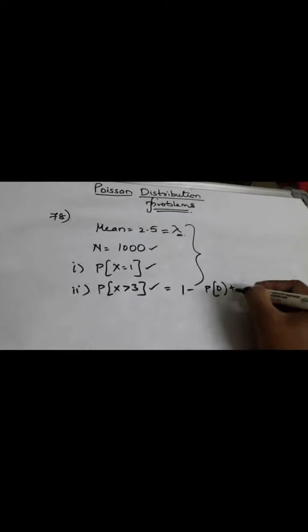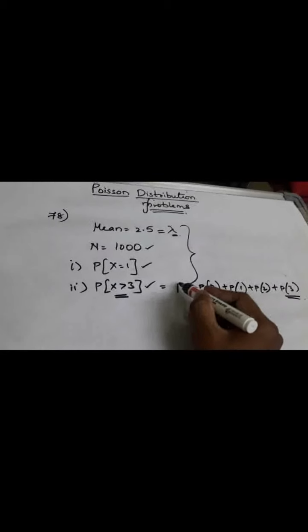Here P of x greater than 3 can be converted as 1 minus P of 0 plus P of 1 plus P of 2 plus P of 3. Here it is given greater than, that's why including 3, because greater than 3 means 4, 5, 6, 7 and so on. That has to be converted to 1 minus P of 0, 1, 2 up to 3. So this also take it as a homework.